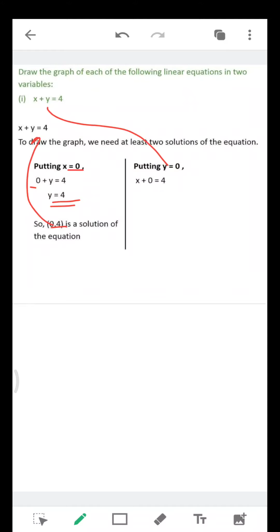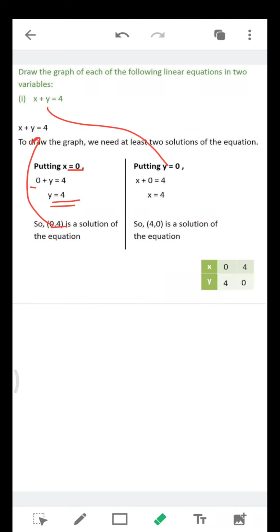Both are correct, okay. So here I am assuming y as 0 and I have got x is equal to 4. So 4 comma 0 is a solution of our equation. Got it everyone? So these solutions are enough, two solutions are enough for us to draw the graph.